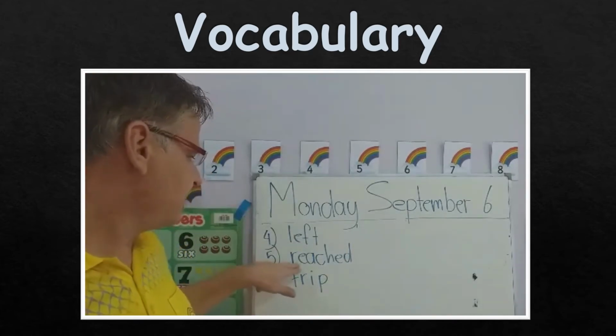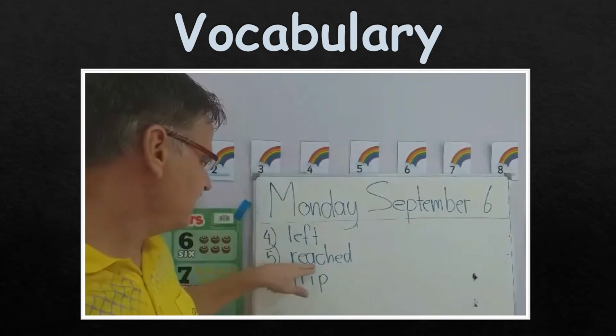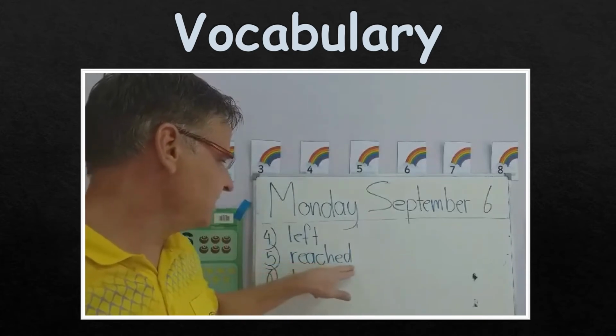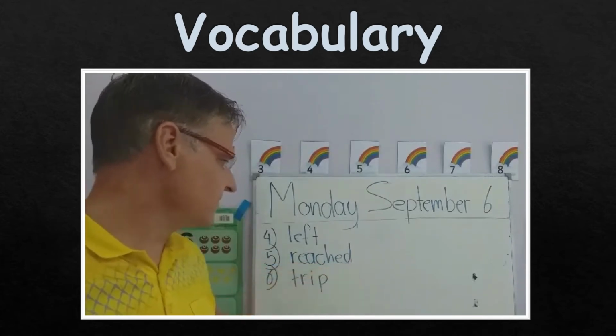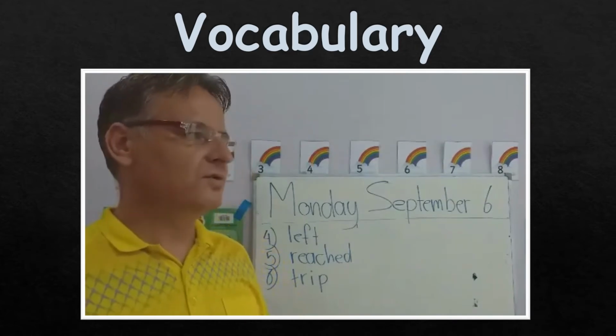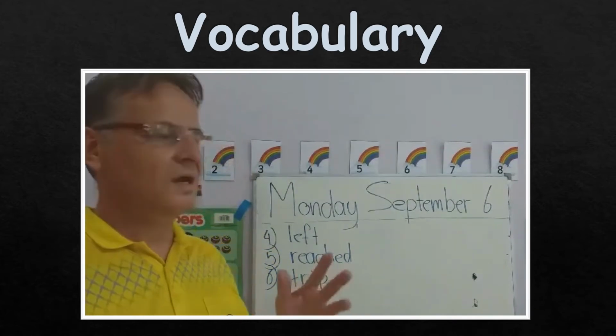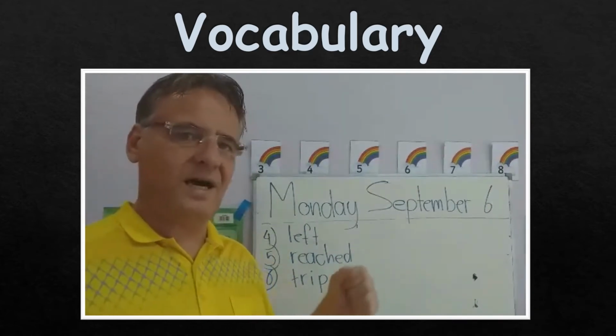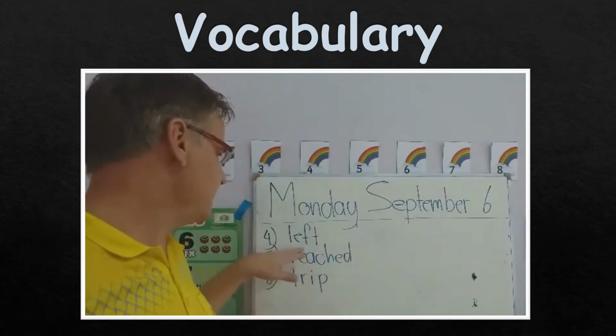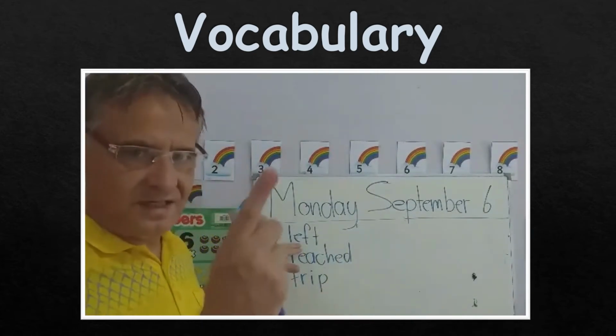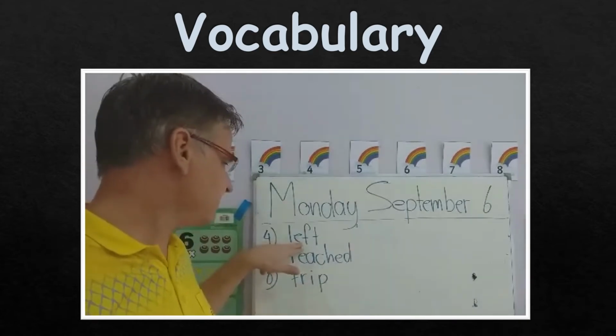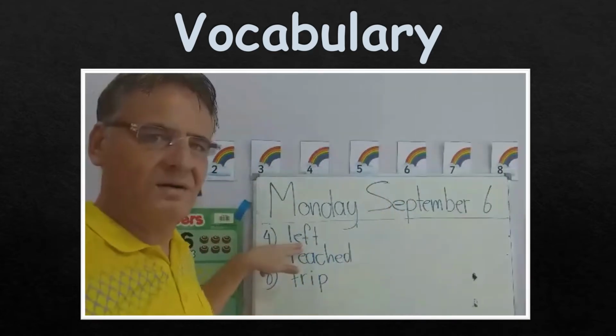Number 5, reached. R-E-A-C-H-E-D, reached. Reached is a word that you use, for example, I drive my car to school. So I left my house. That's the other meaning for left. I left my house, I went away from my house.